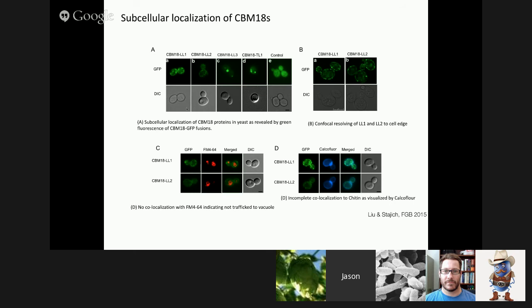A couple of copies did appear to localize to the outside of the yeast cells, and some of the other ones didn't seem to localize with other known structures within the yeast. They have a secretion signal, and we're taking something that has probably diverged for about 1 billion years between yeast and Batrachochytrium, and we could express that protein in yeast without any trouble, which was kind of satisfying.